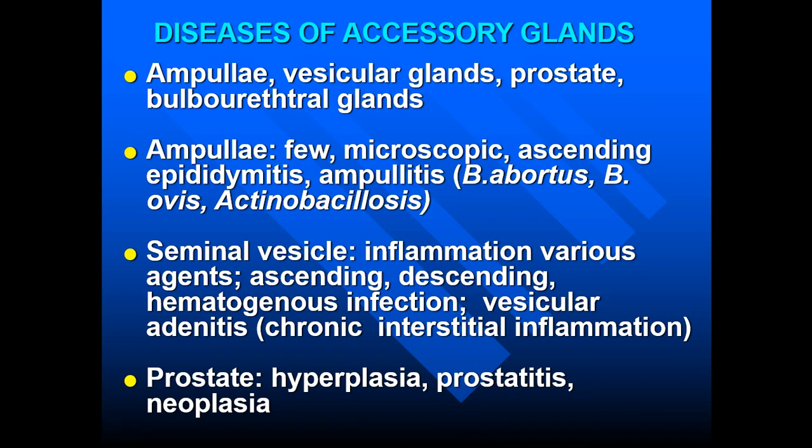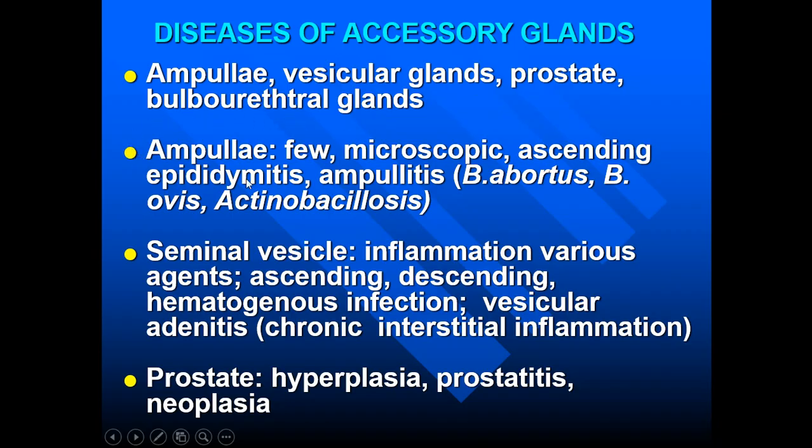Next is about the diseases of the accessory glands. Accessory glands in animals can vary, but in general, the accessory glands consist of the portions that we call the ampulla, vesicular glands, prostate, and bulbourethral glands.